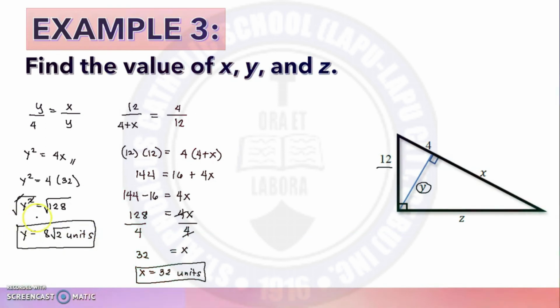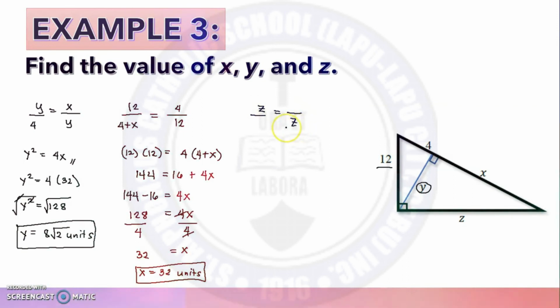Now let's move on to z. Since z is the leg of the right triangle, and according to corollary 2, it is the geometric mean, we will write z opposite to each other in a proportion.